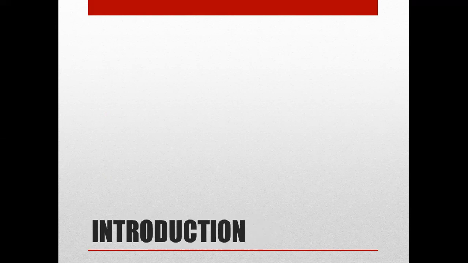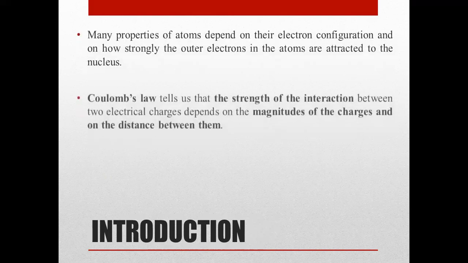Many properties of the atoms depend on the electron configuration, right? And on how strongly the outer electrons in the atoms are attracted to the nucleus. This can be explained by Coulomb's law.